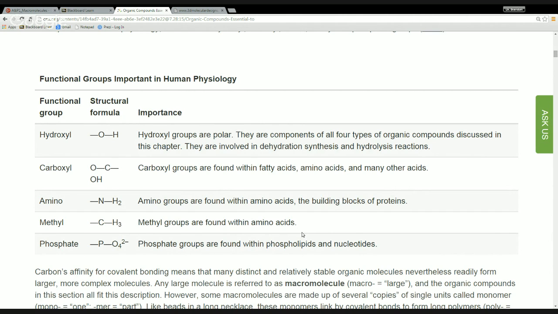The first reason why I wanted to put it at the top of the table here is that it's really the basis of building organic molecules. The other reason is that compared to everything else on this table, it's unique or different, because of the property that we usually pay the most attention to with functional groups, which is how they interact with water.